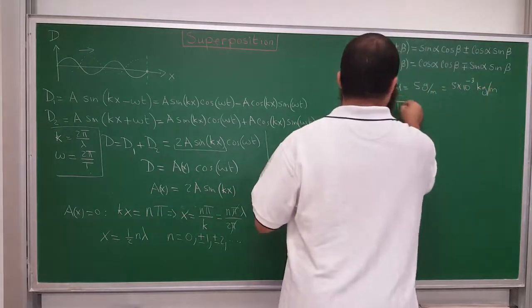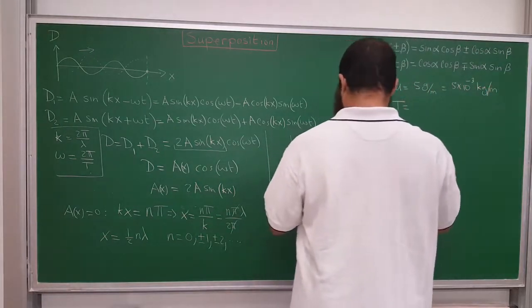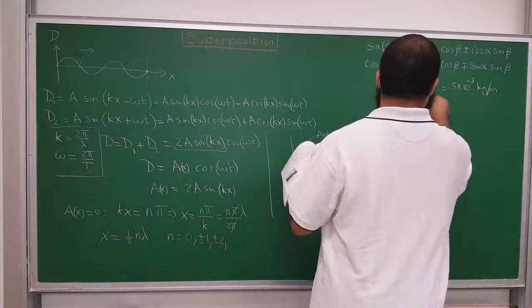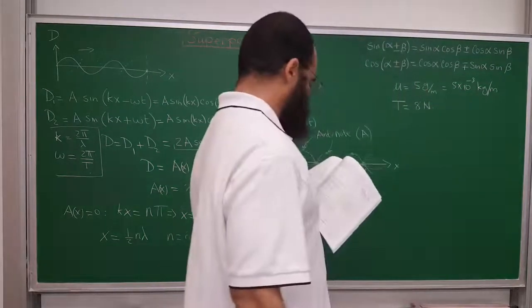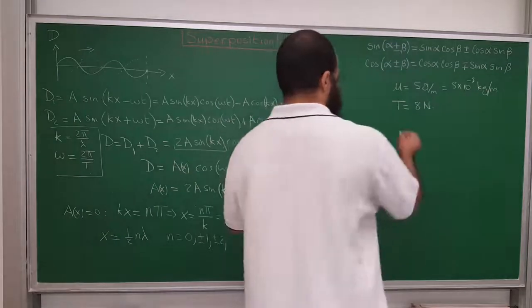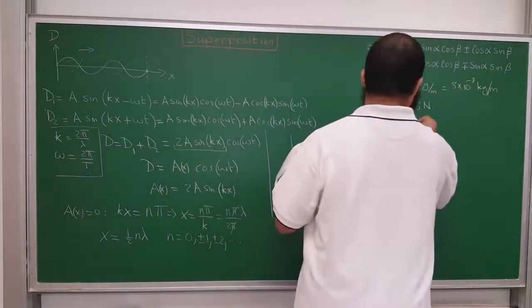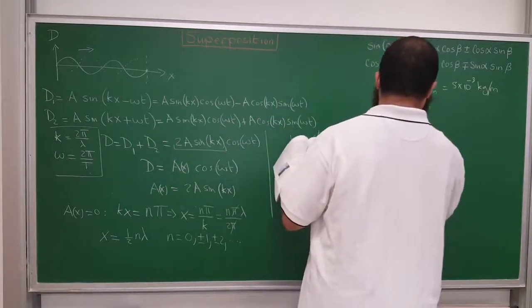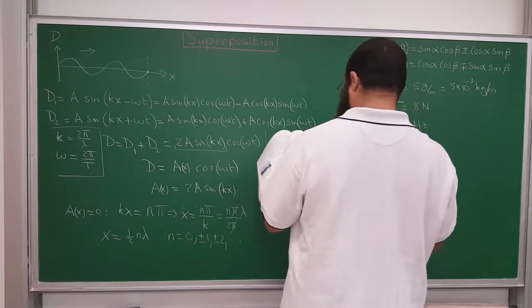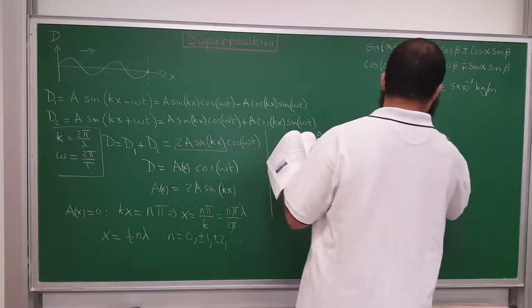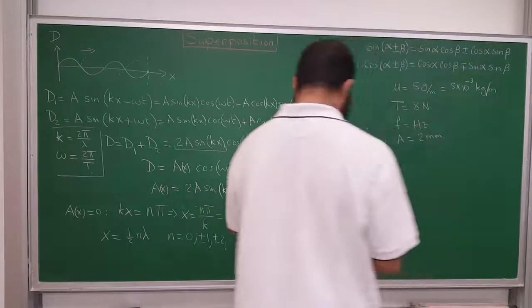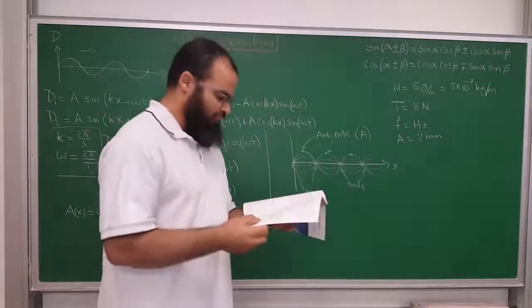The tension is 8 newtons. They say they're sending waves of 100 hertz, so the frequency is 100 hertz, and the amplitude of the waves, they're telling us, is 2 millimeters.